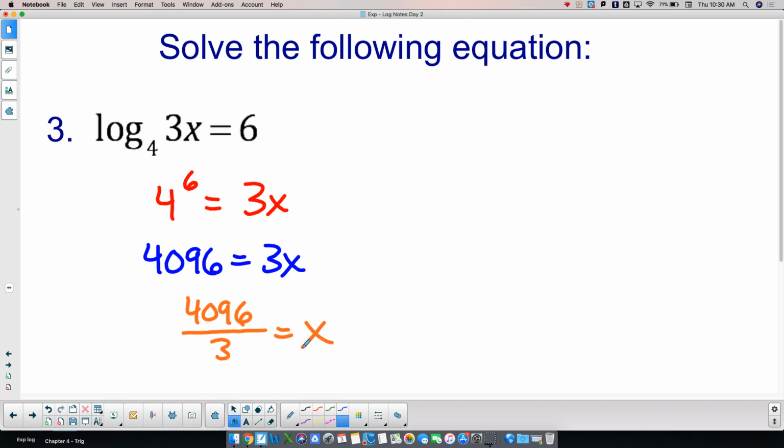And you get 4096 over 3. If I plug it back in, I have a positive base that's not equal to 1. I have a positive argument when I plug it back in. 3 times that gets me 4096. Log base 4 of 4096 is 6. So that is my answer. Okay?